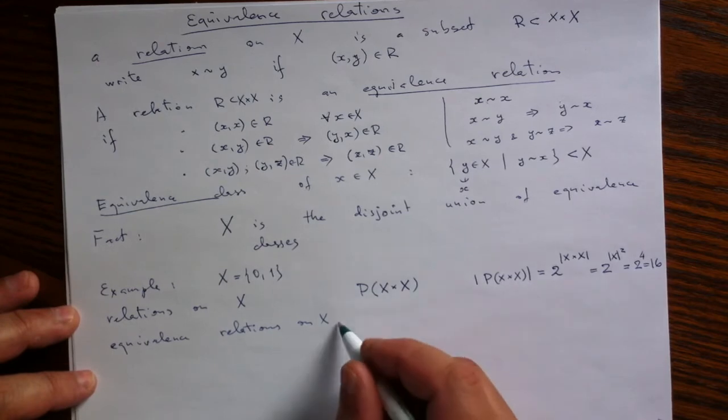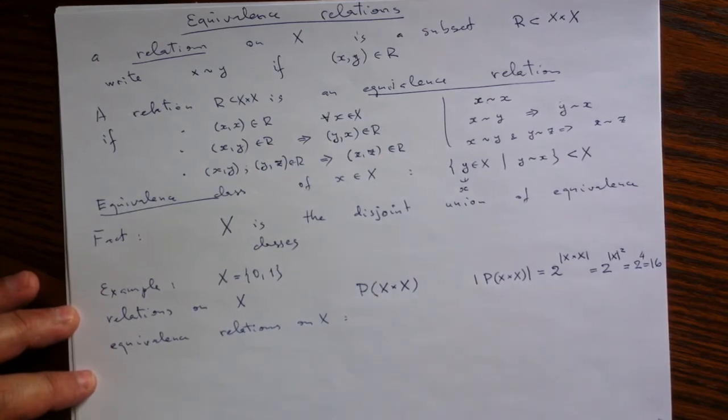We can look at how many ways we can break X into a disjoint union of classes which are themselves non-empty. So we're looking at decompositions of X, set theoretic partitions into non-empty parts.